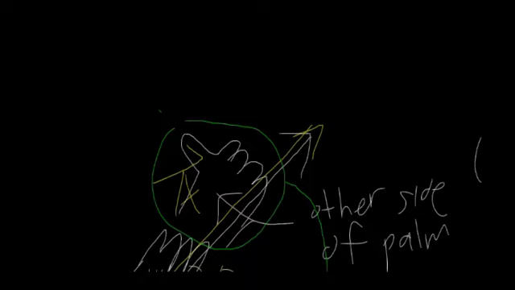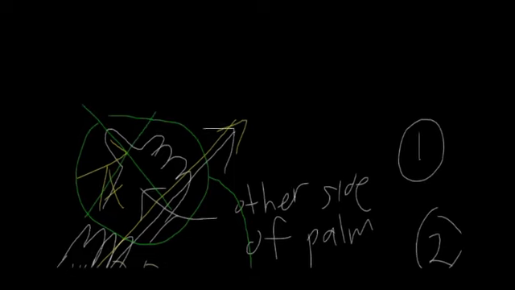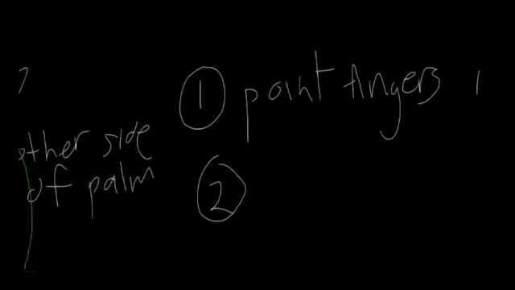You would essentially have to go 360 to curl your fingers. So this is not the direction of the vector. That's how we determine the direction of the vector.